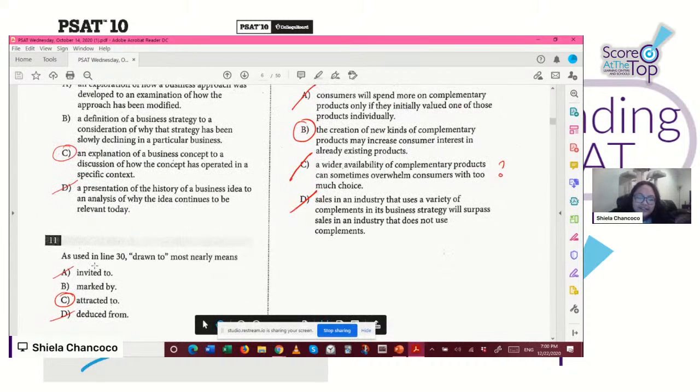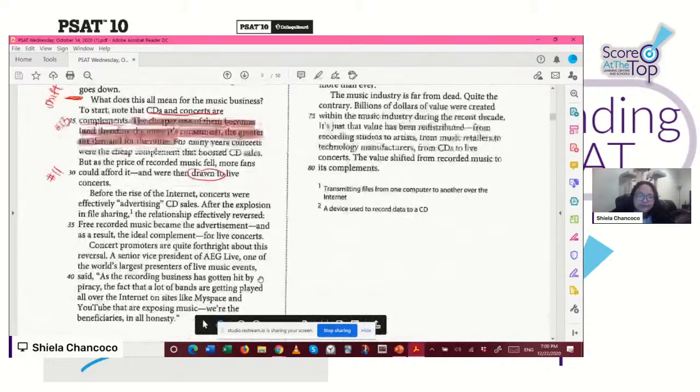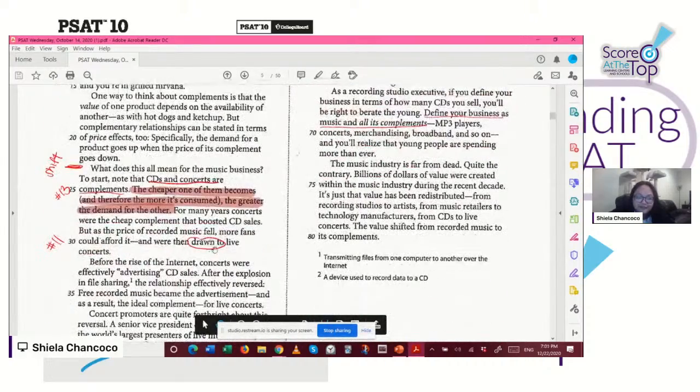So an easier one would be 11, a vocab question, right? "Used in line 30, drawn to, most nearly means." Okay, so like I said, I like to circle them. "But as the price of recorded music fell, more fans could afford it, and they were drawn to live concerts."